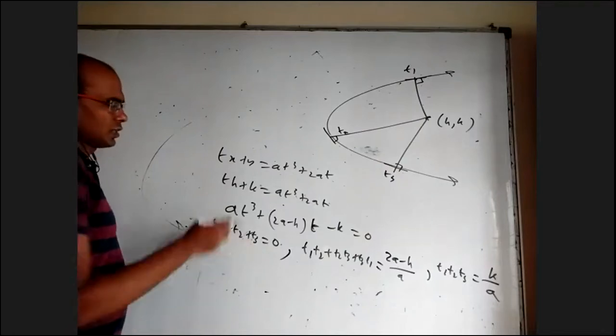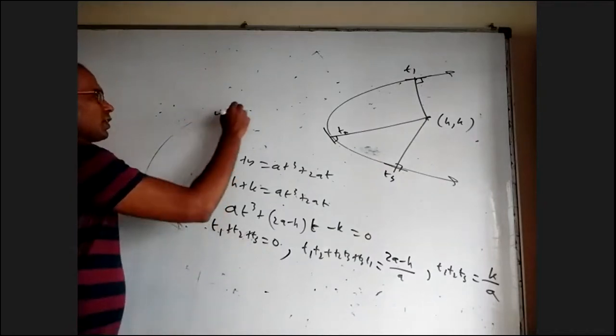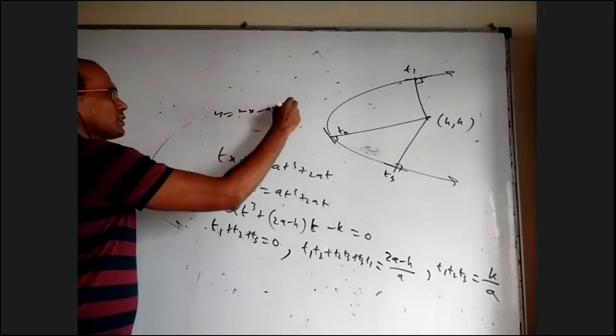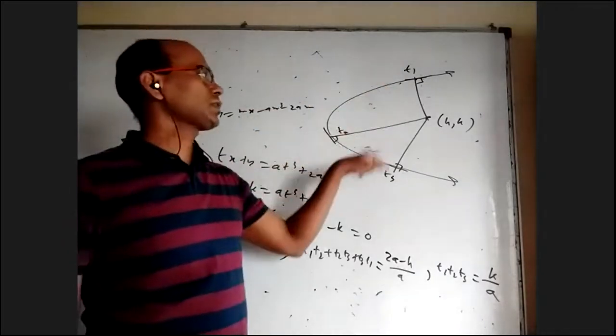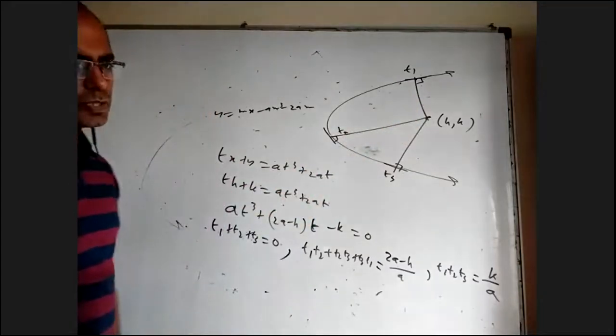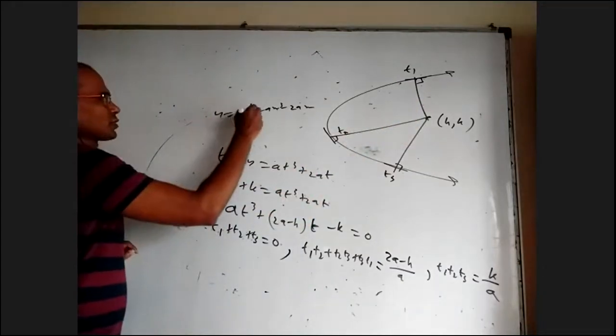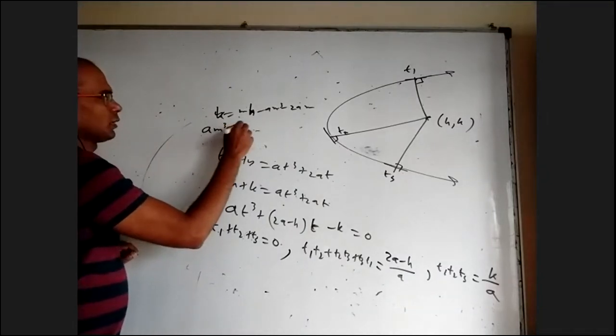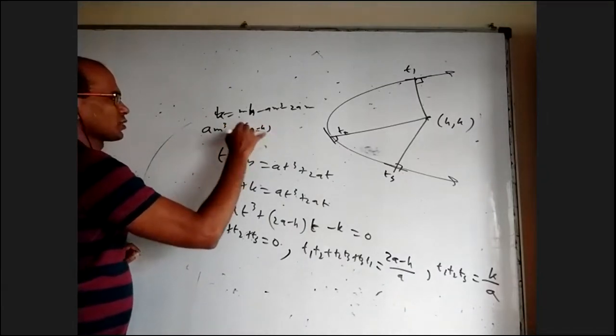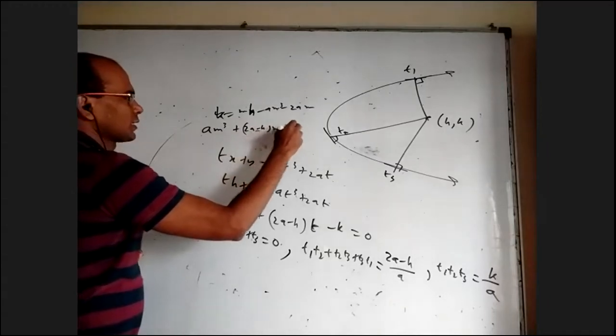Almost the same thing. Instead of this normal, you can take y = mx - am^3 - 2am. If 3 normals are concurrent at a point, the sum of the slopes should be 0. Why? Again, this should pass through (h, k). Bring one side over and you'll get am^3 + (2a - h)m + k = 0.